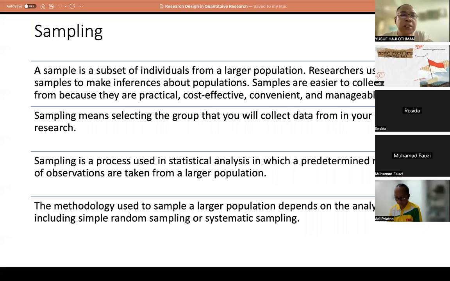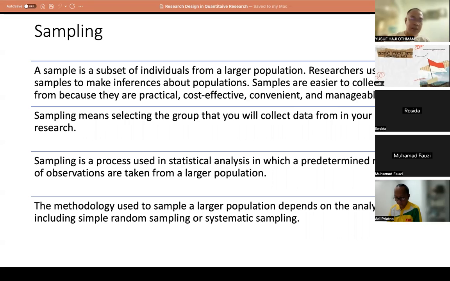Researchers use samples to make inferences about populations. So when we choose samples, we have to choose the proper statistical techniques. So when we get the findings, from the findings, we make inferences about populations.